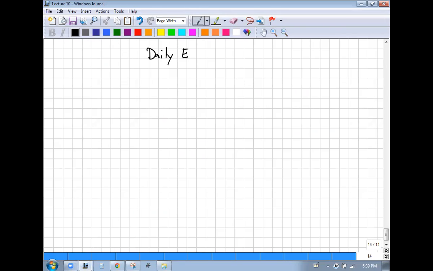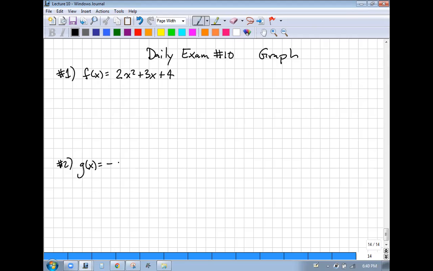Daily exam number 10. So since you know how to graph quadratics, graph 2x squared plus 3x plus 4 and g of x equals negative x squared minus 2x plus 1.